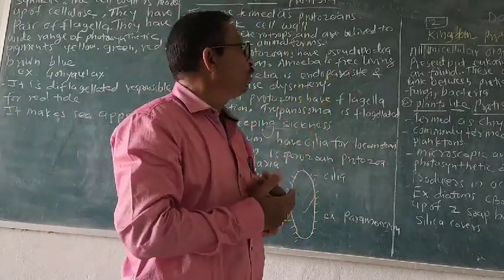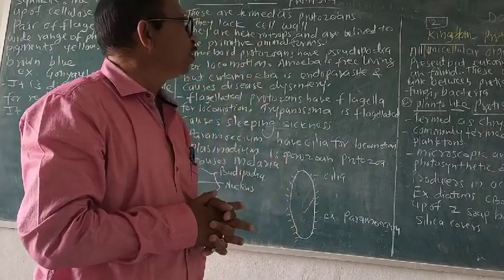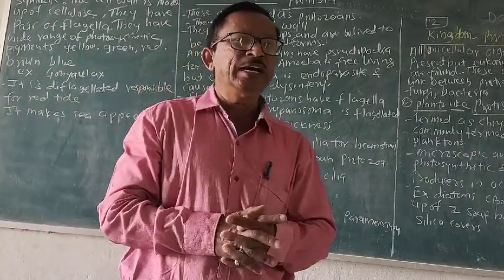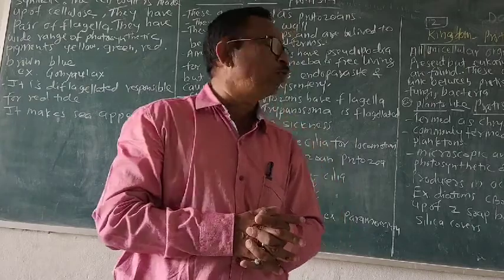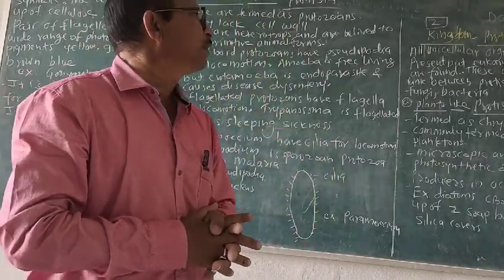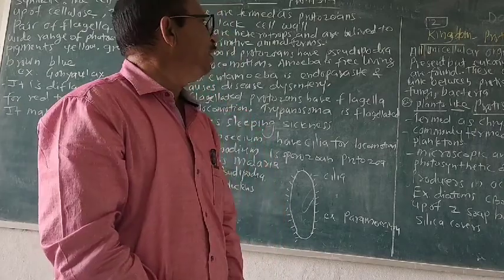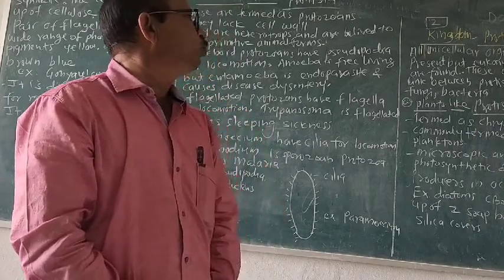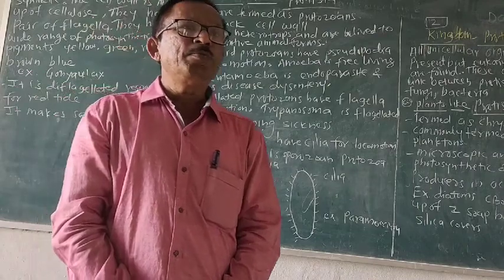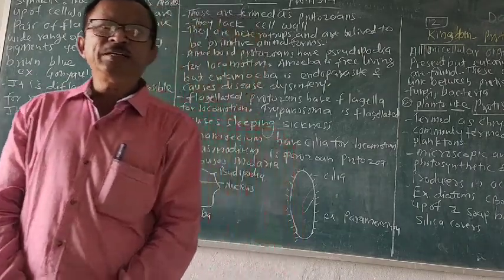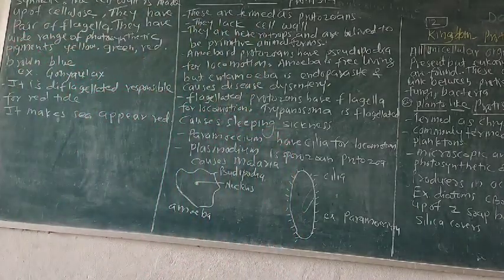Here we are going to study the kingdom Protista. These organisms are unicellular organisms. We will get eukaryotic organisms also, and these organisms show the link between Protista, plantae as well as bacteria, and the fungi also.